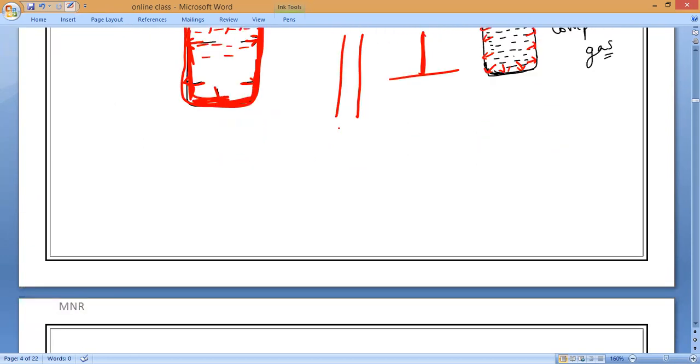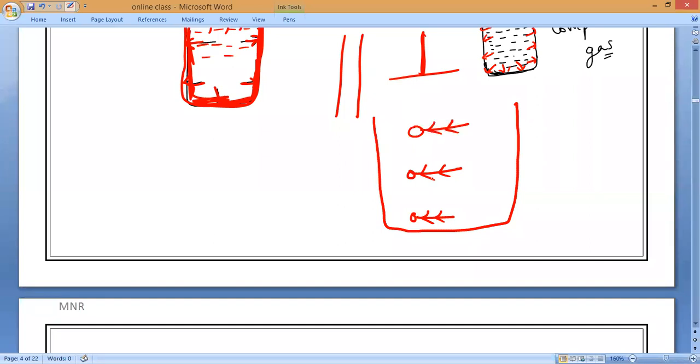Next. Let us take one big container like a water tank. Now imagine Mr. Harish is swimming at the bottommost, Mr. Kaushik is swimming here, and Mr. Jairaj is swimming here. Who will experience more pressure and who will experience less pressure?